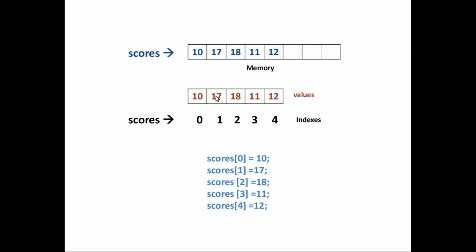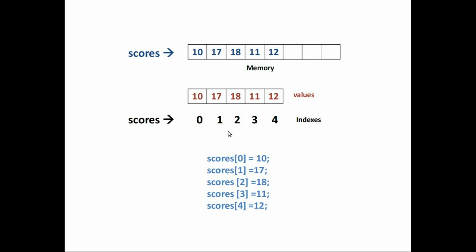We are putting 17 into the second position of this array when we do this down here. We are putting 18 into position 3, which is index 2. We are putting 11 into position 4, which is index 3, and we are putting 12 into position 5, which has an index of 4.